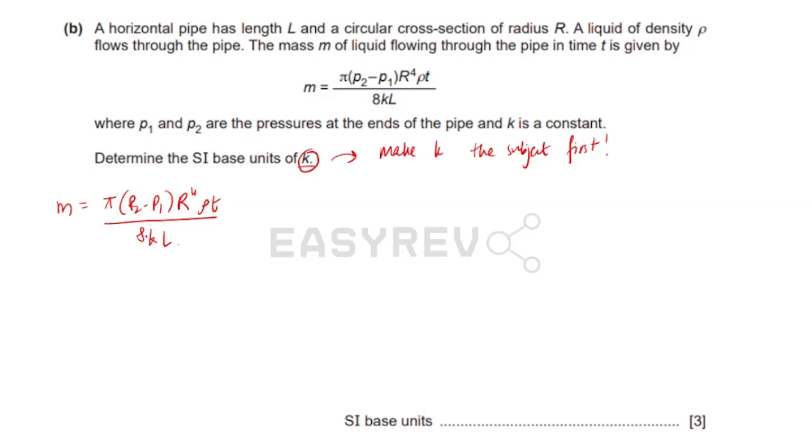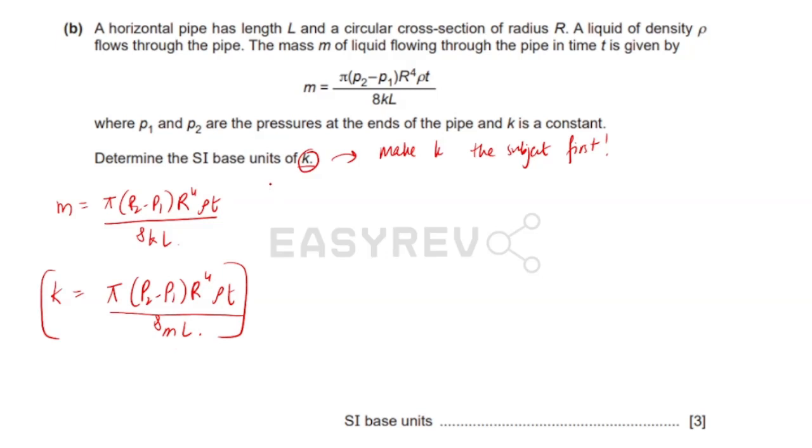I can keep everything as it is and just swap m and k. In more detail, that would mean multiplying both sides by k and then dividing both sides by m. So in the end, I should get k equals pi (P2 minus P1) r raised to the power 4 rho t divided by 8mL.